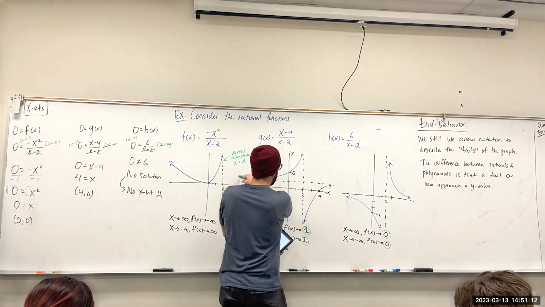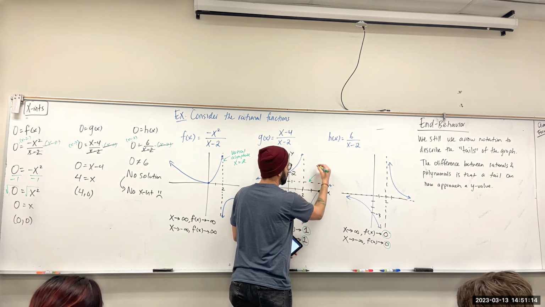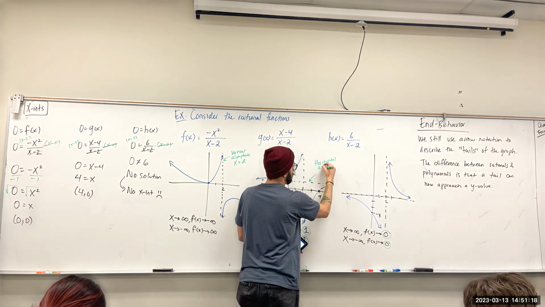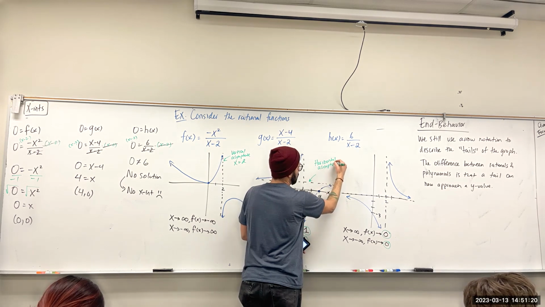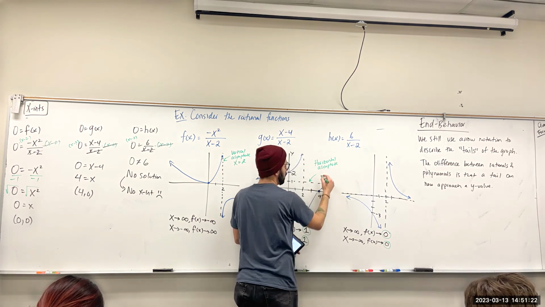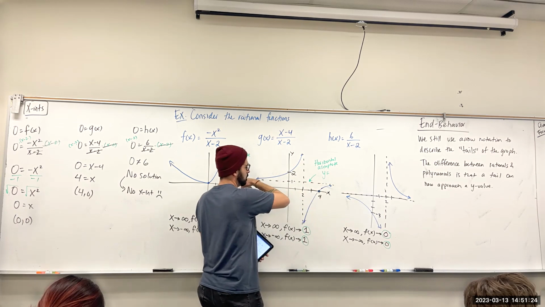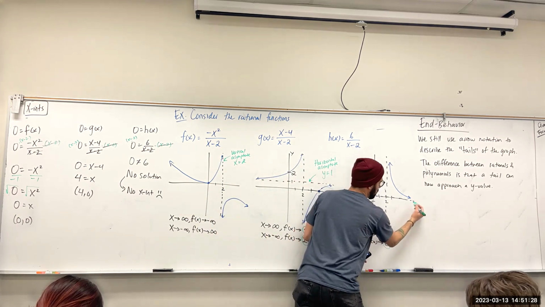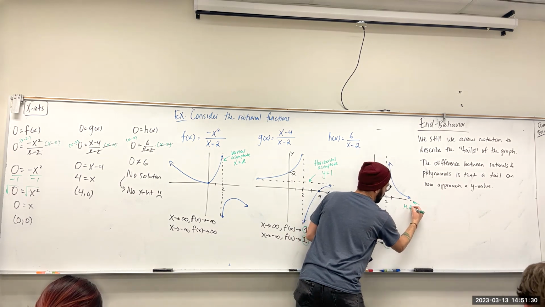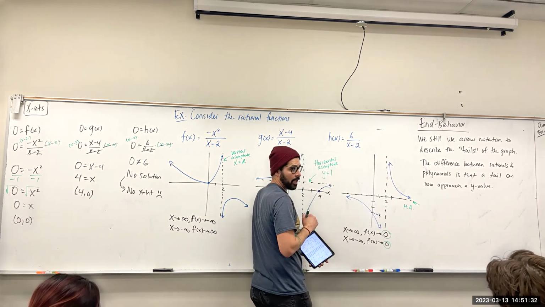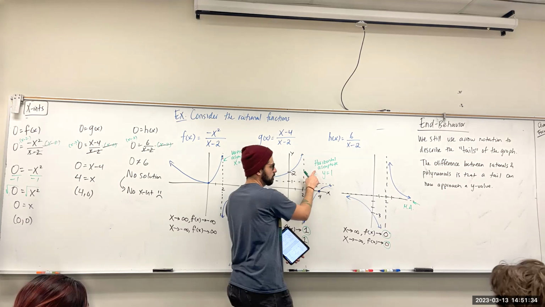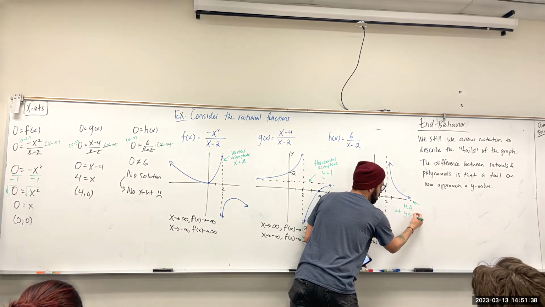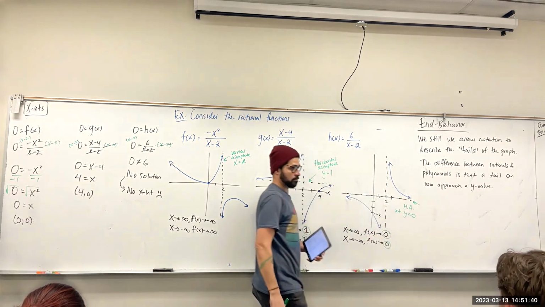But unlike this one, these 2 also have something called a horizontal asymptote. Here, it's the line y equals 1, versus here, I'm going to shorthand it and call it HA for horizontal asymptote, at y equals 0.